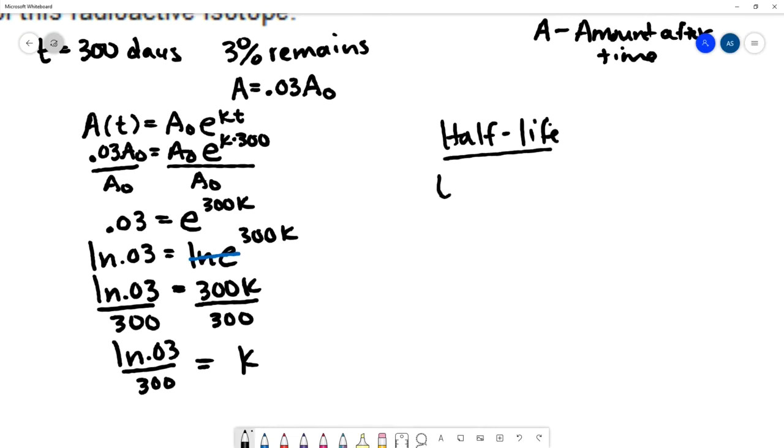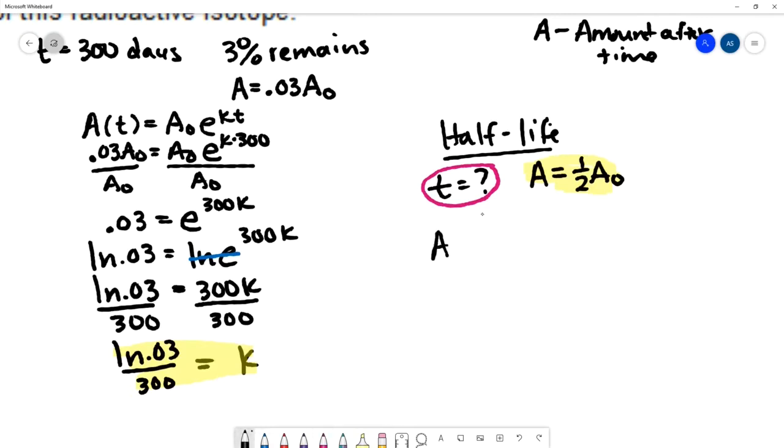Our half-life is the time it takes to decay to half. We don't know the time, but we do know the relationship between A and A naught: we're going to have half of our original amount. So using the value of k we just found and the relationship between A and A naught, we're going to be able to find that half-life, the time it takes to decay to half of what we started with.